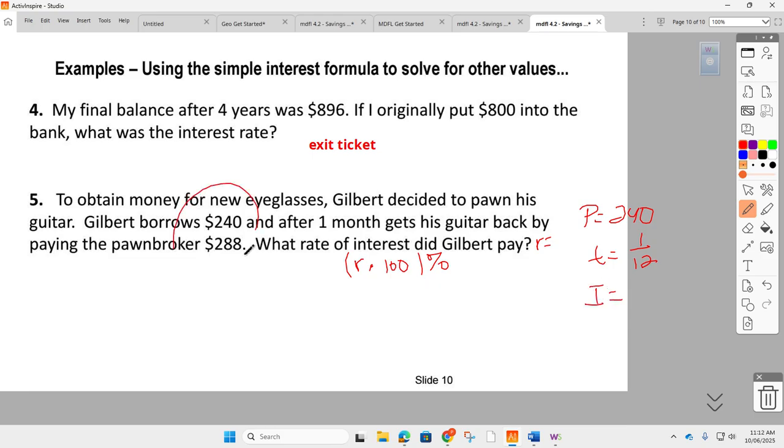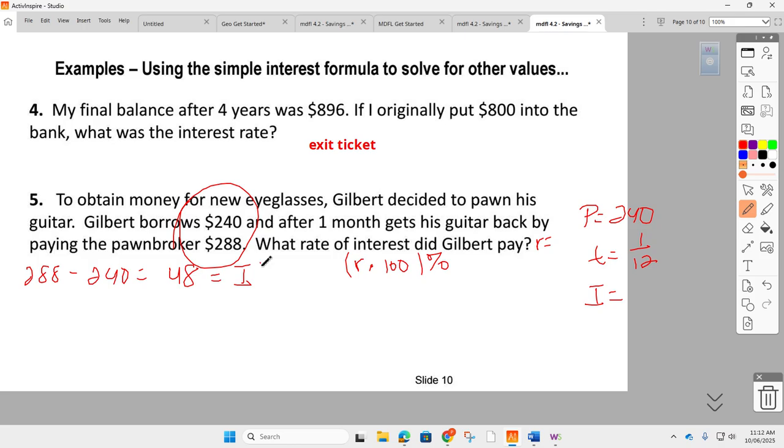So he borrows $240. He has to pay the pawnbroker back $288. We have to know that the difference there is the interest you pay. So 288 minus 240 equals 48. That is the interest he paid. The difference between what you borrow and what you pay back, that is the interest.